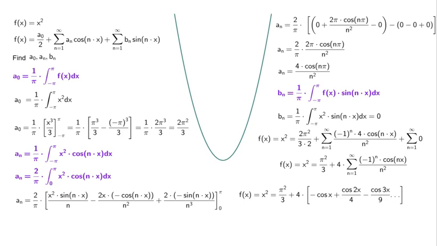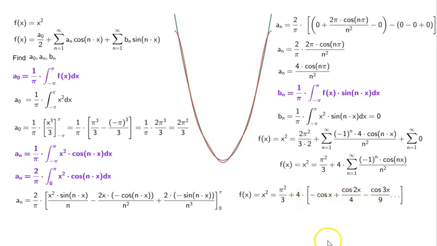So I'm going to draw the graph of pi square by 3 minus 4 cos x, just with the first term. This is the graph we get. Now when we take 2, that is the first 2 terms, we get pi square by 3 minus 4 cos x plus cos 2x, because 4 and 4 cancel out.